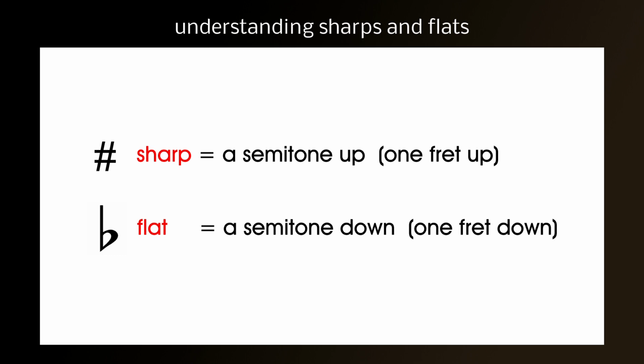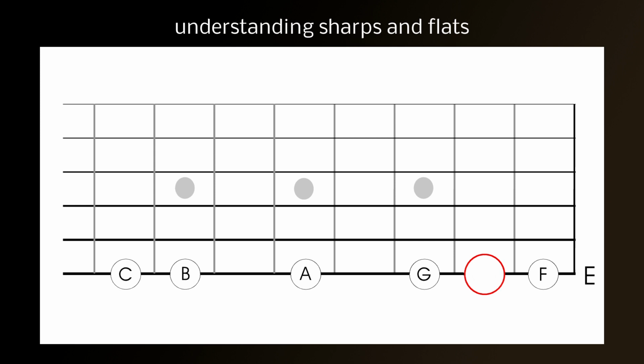Sharps and flats then are quite easy to understand, but there are one or two small issues that do cause problems. For example, overlapping notes. So to illustrate this, we'll take the 2nd fret, which is the F sharp, but also the same note is G flat.